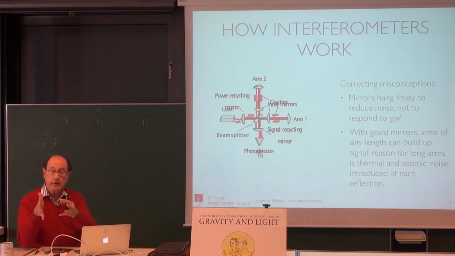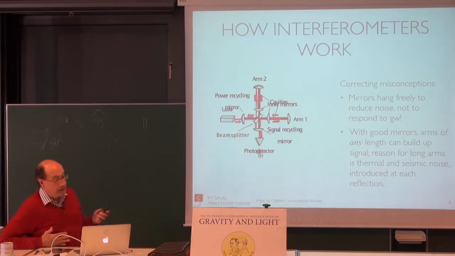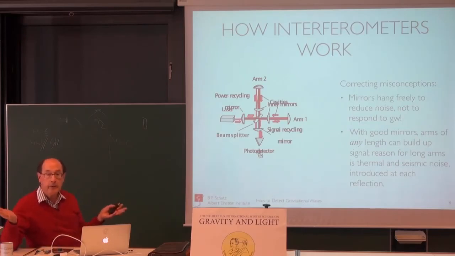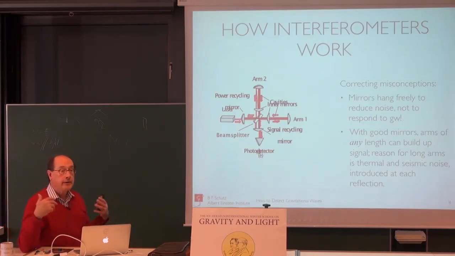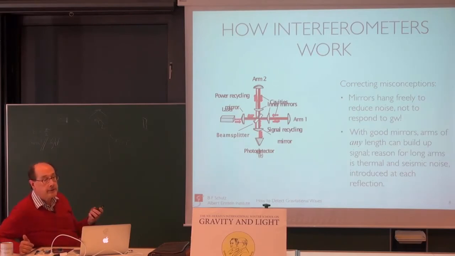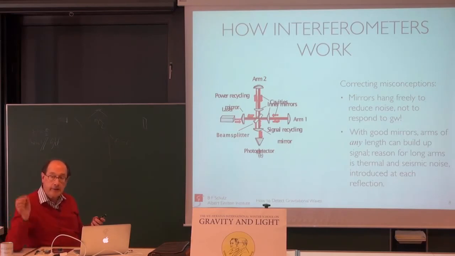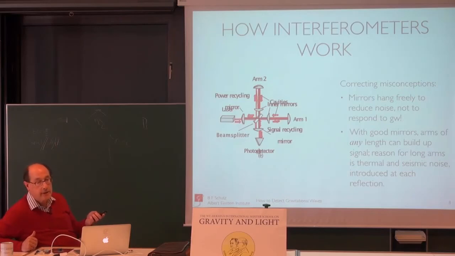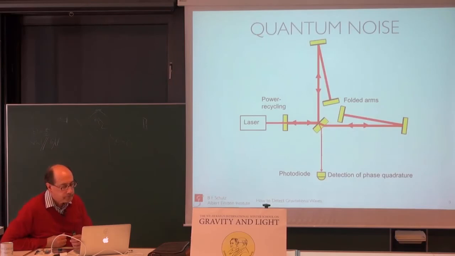In GEO, the light contacts the mirrors 4 or 5 times more often, and so we have a background of noise that is much harder to get rid of than in the larger detectors. And if we could build a 10 kilometer detector like we plan to do with Einstein Telescope underground, then we would reduce that effect even more. So that's the reason for going long arms, to minimize the mechanical noise inputs when you're contacting the mirrors. Okay, so that was in order to get rid of that.